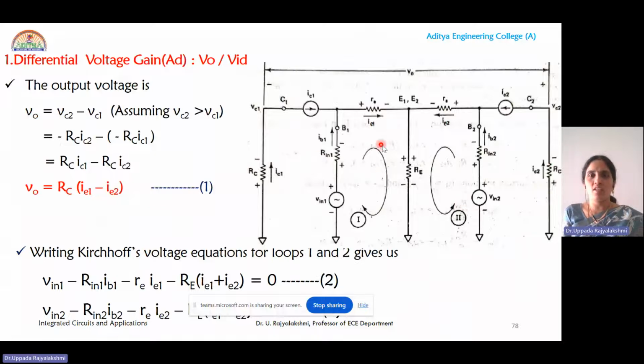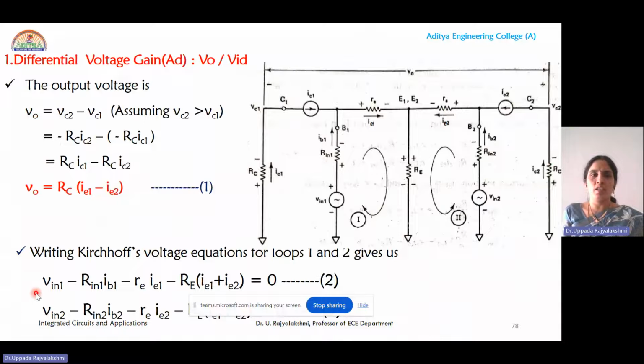So let us take the KVL for the first loop. It is minus Vin1 plus Rin1 into IB1 plus small re into IE1 plus capital RE into the current flowing through capital RE, which is IE1 plus IE2, equal to 0.